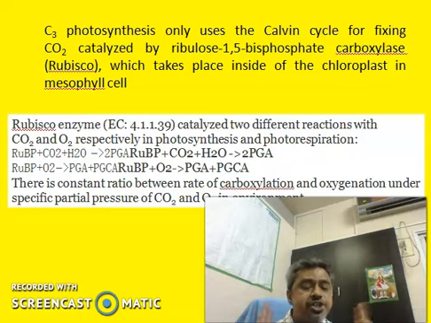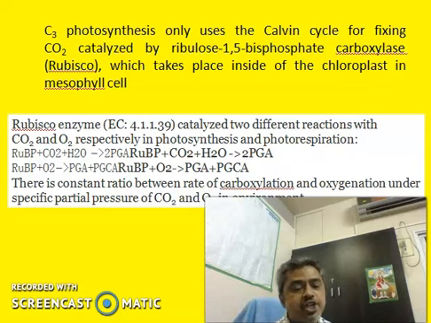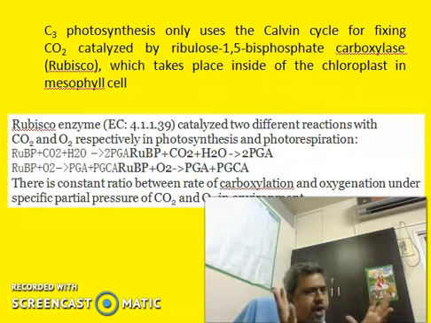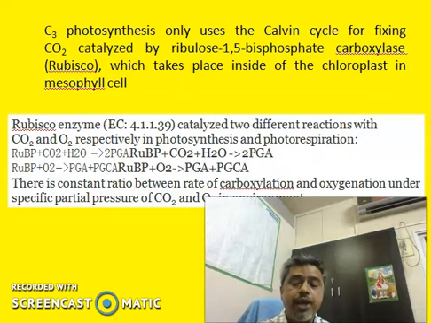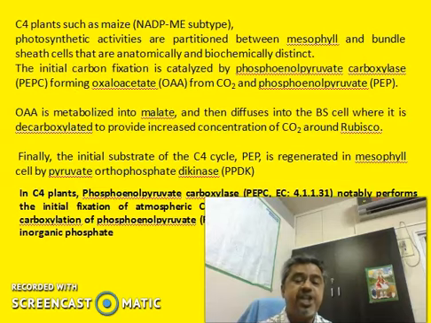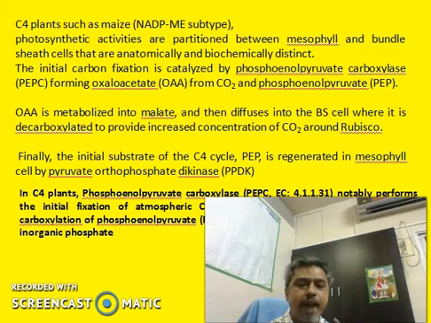There is a constant ratio between carboxylation and oxygenation under the specific partial pressures of CO2 and O2 in the environment. Okay, so this is about C3. Now I will tell you what is happening and what biochemistry is behind the C4 plant, for example, the maize plant.